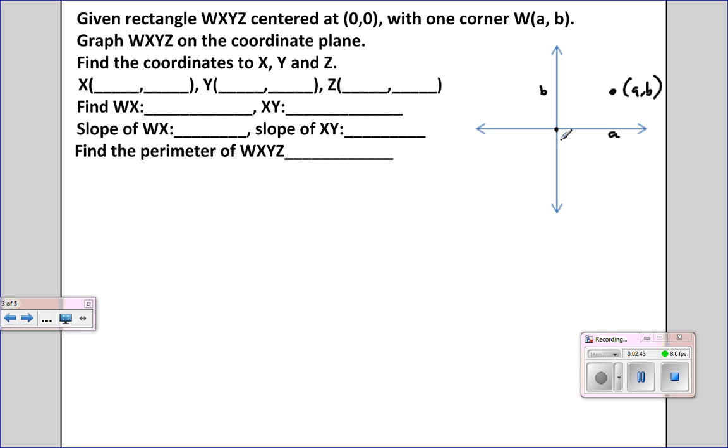And we want to know the rest of the information. So if it's a rectangle and this is the center, you know that this side has to be congruent to this side.